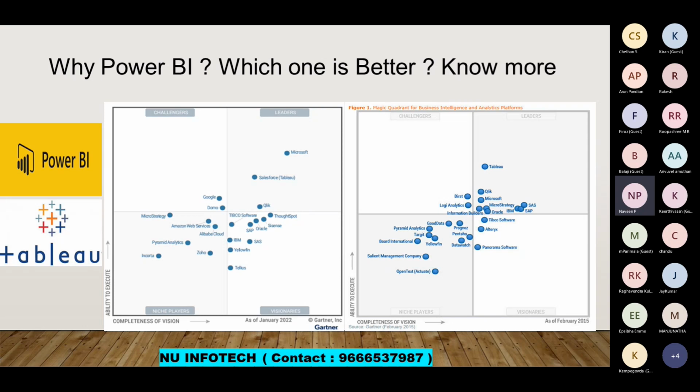Even Tableau is also improving at the same time. After Salesforce has taken Tableau, they are still providing a lot of benefits in the cloud area and also in functionality. So these two are still in the number one positions, and it will be a stable market because they are still trying to improve the product.